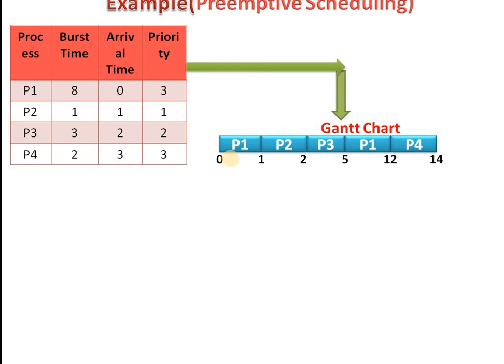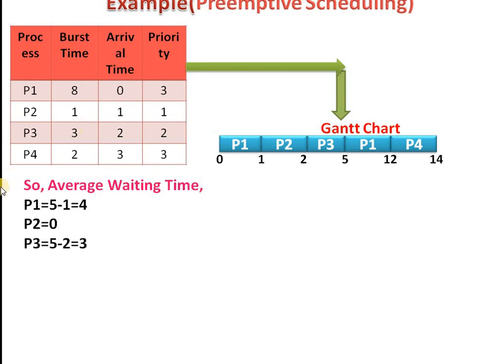Now let's calculate the waiting time for each process. P1 has waiting time 5 minus 1, it's 4 milliseconds. P2, its waiting time is 1 minus its arrival time, 1 minus 1, it's 0.